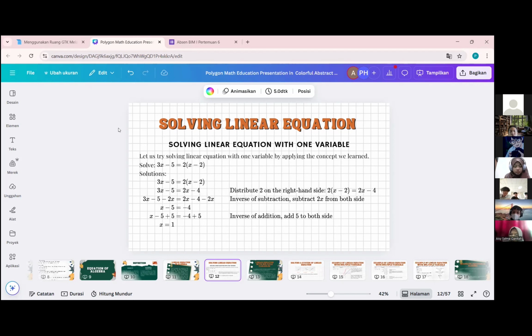slide keduanya inverse of addition ya. Inverse of addition karena kita ditambahkan negatif 2x. Ditambahkan negatif 2x, kemudian turun lagi komutatif ya, karena diputar harusnya ada komutatif di situ.